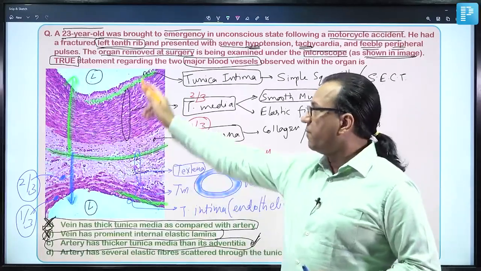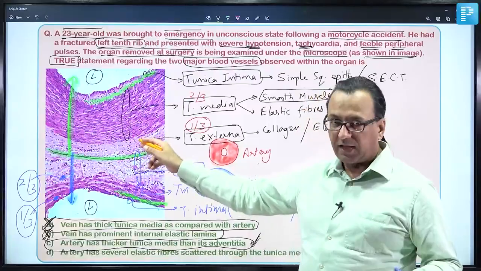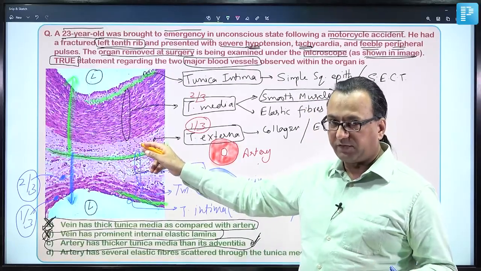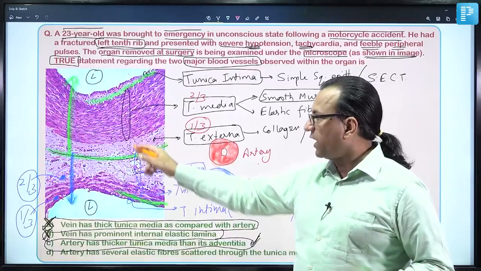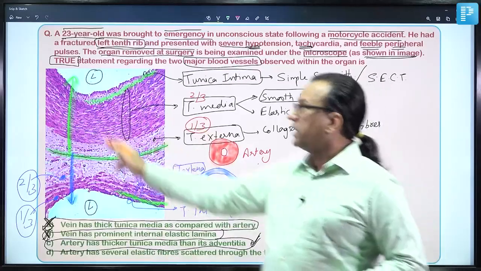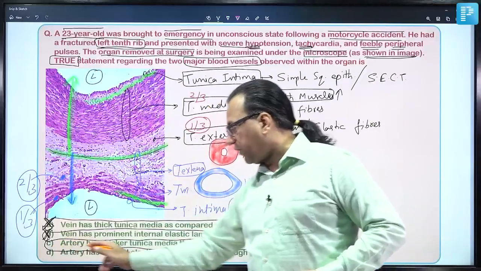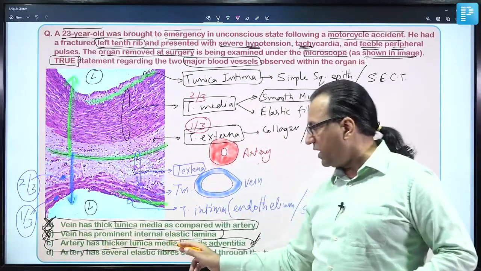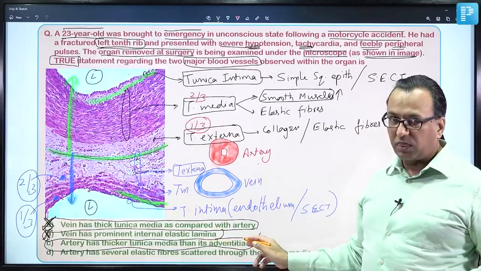Tunica externa, which is also called tunica adventitia, has some connective tissue, some collagen fibers, elastic fibers. So that tunica adventitia, tunica externa, was 1/3. Hence, if you're asking the true statement, then I'll go for choice C. Artery has thicker tunica media, 2/3, as compared with its adventitia, which is 1/3.